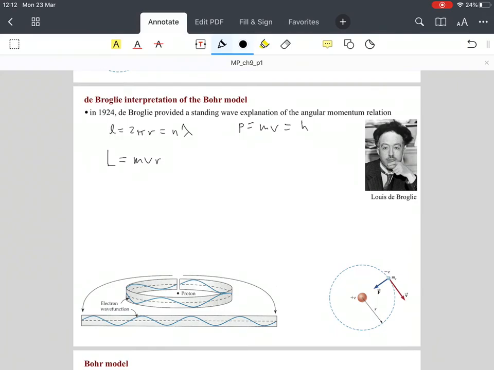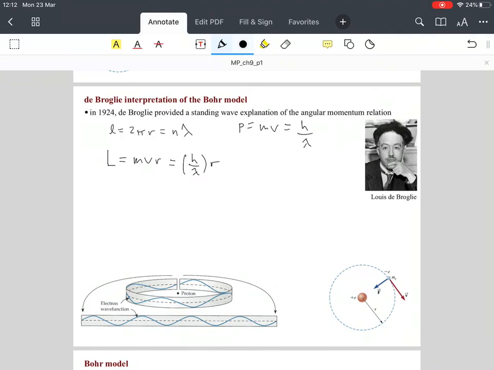And we had that p is equal to h over lambda using the de Broglie relation. So we can substitute for the mv, and we have h over lambda times r.